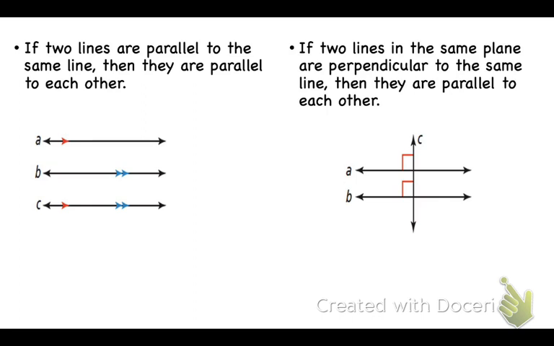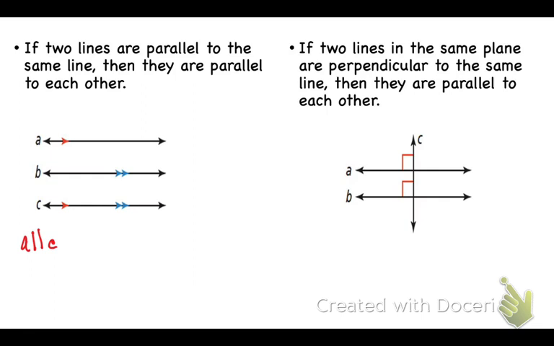If 2 lines are parallel to the same line, then they are parallel to each other. That is the transitive property. Underneath that, I would basically just write A is parallel to C. Yes, that's what it shows.